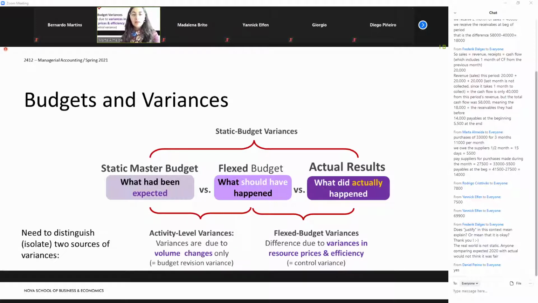The difference between the flexible budget and the actual results is not from the level of activity, because that is corrected in the flexible budget, but comes from the other two reasons: efficiency and prices. Remember that the difference between the static budget and the actual results comes from three reasons: the level of activity, prices, and efficiency.